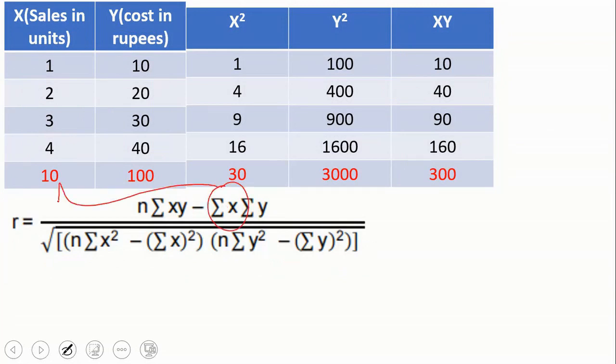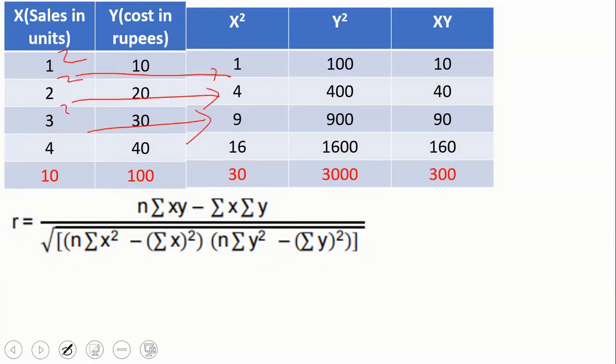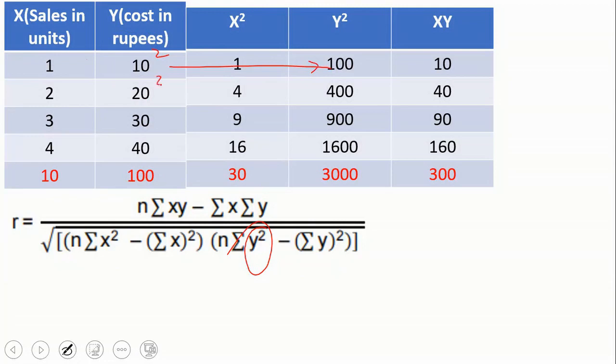And sigma x, the total we have here, is 10, and sigma y, the total we have here, is 100. And n, I said it is the number of observations, so it is 1, 2, 3, and 4. And for sigma x squared, I have calculated x squared here because 1 squared is 1, 2 squared is 4, 3 squared is 9, and so on. Likewise, I've calculated y squared also. 10 squared is 100, 20 squared is equal to 400, and so on.